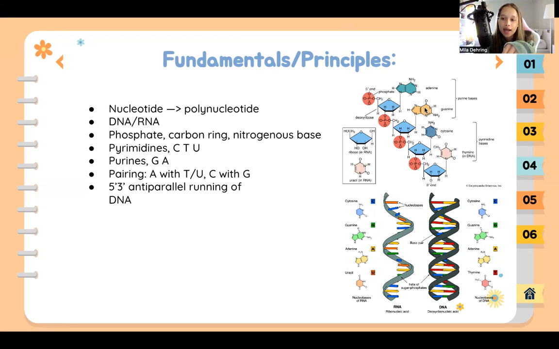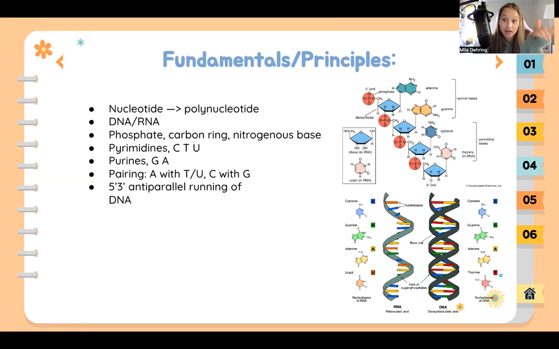Pyrimidines are cytosine or thymine, or uracil if it's RNA. They switch. You don't really need to worry about this for biology, but the reason they're put into purines or pyrimidines is because of the actual carbon ring itself. One of them has a 5 ring, one of them a 6.